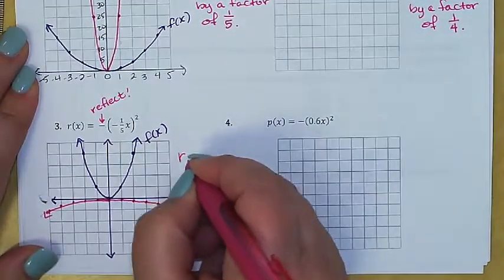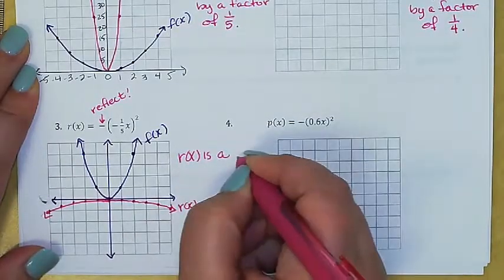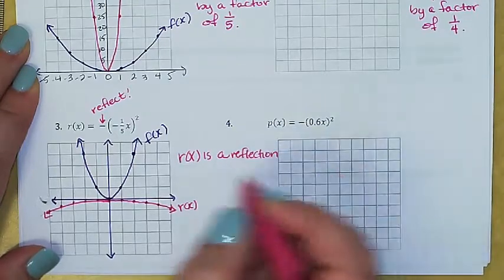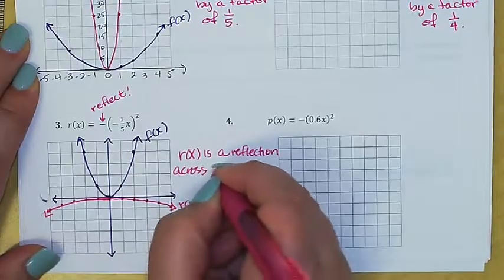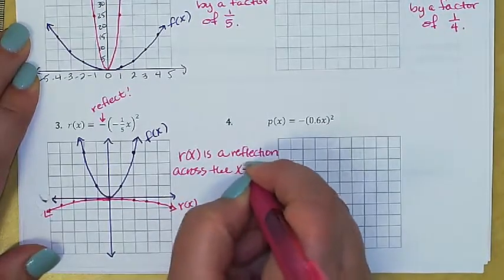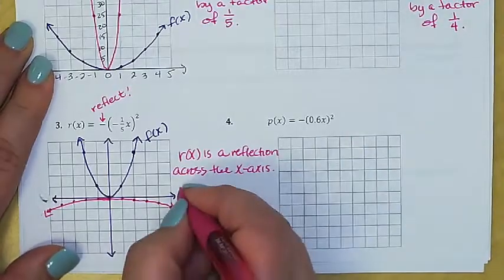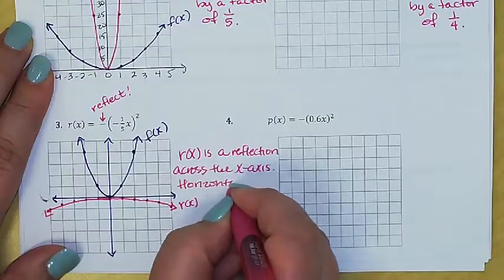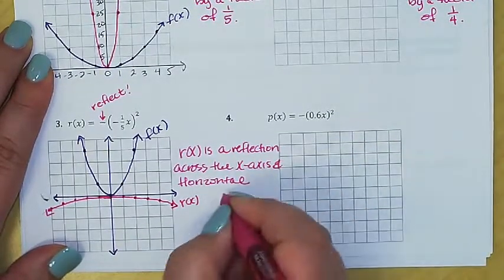We're going to say this R of X is a reflection across the X, but it is also a horizontal, so we'll say and a horizontal stretch, right?